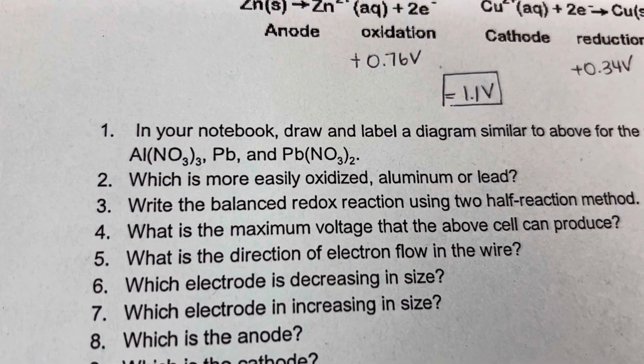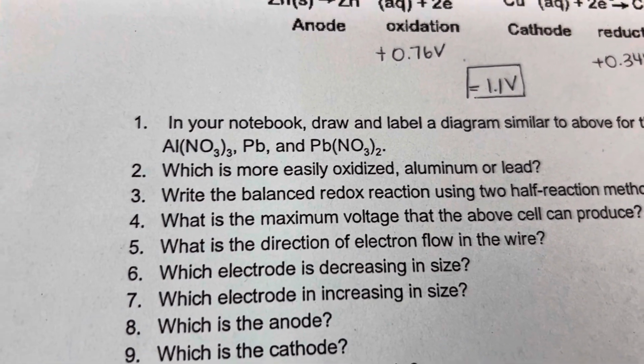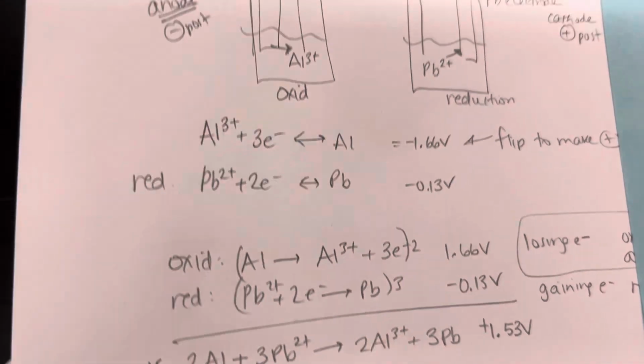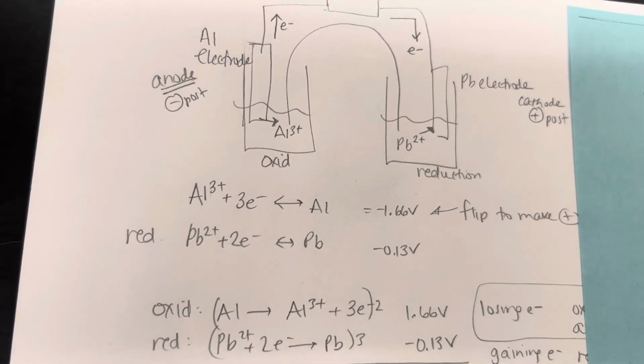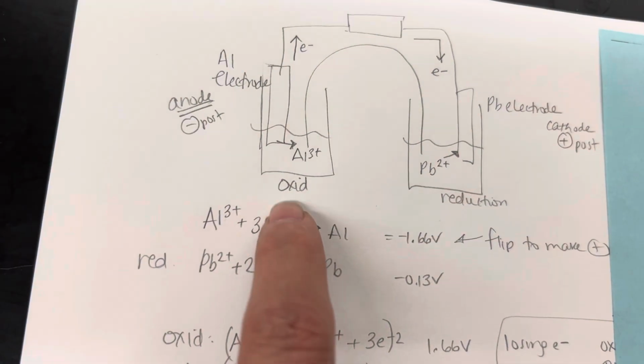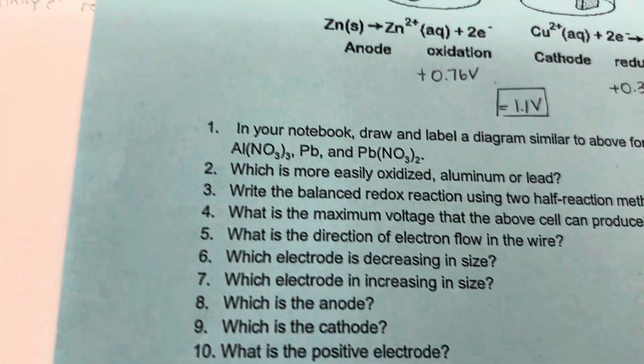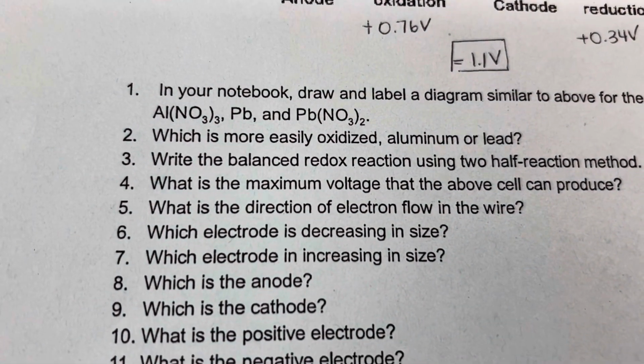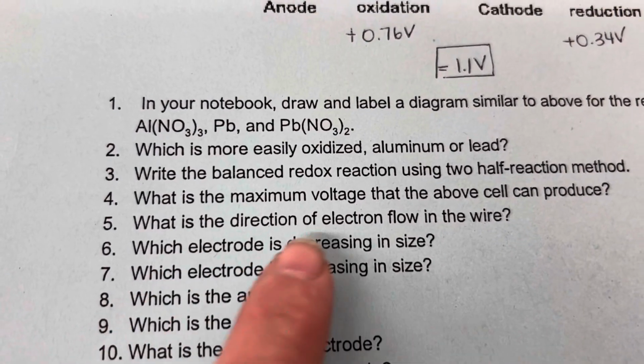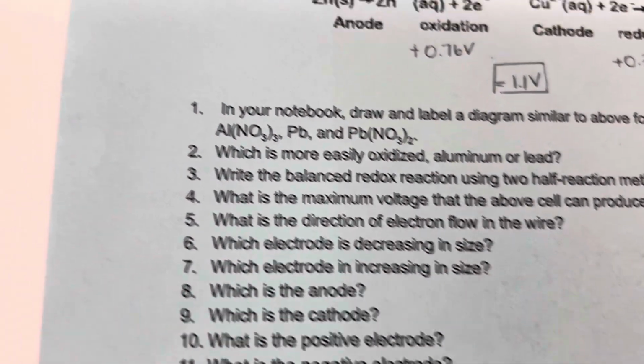Okay. What is the direction of the electron flow? It is always going to be from oxidation to reduction. So aluminum was oxidized, so the electrons are going to pass through over to lead. Question: which electrode is decreasing in size?